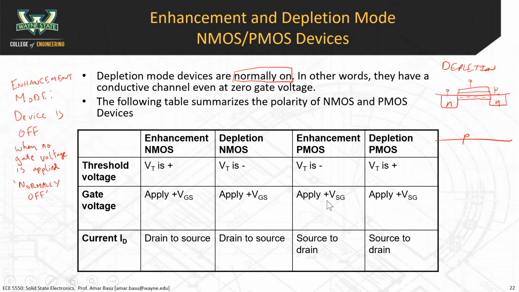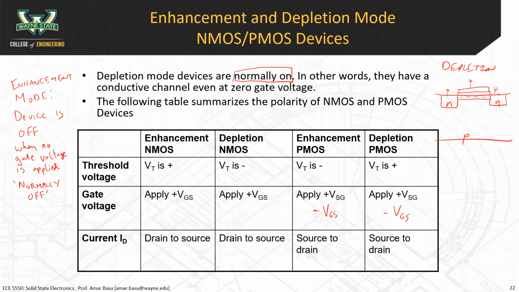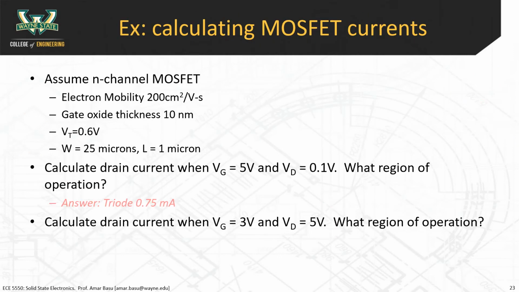In the PMOS devices, you apply a voltage between the source and the gate, so the source to gate voltage is positive, and VGS is negative. I didn't see the S and G had switched at first. No problem. So we could also put here a negative VGS because we've been saying that the PMOS devices have negative gate voltage. Thank you.